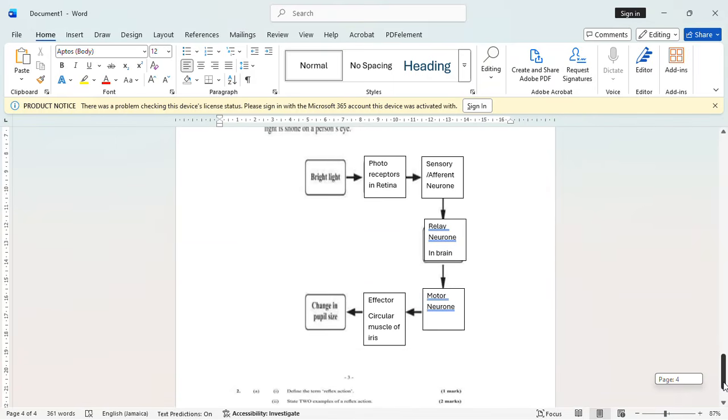So that is the order in which we are going to respond. And then of course, this circular muscle would basically change the size of the pupil.